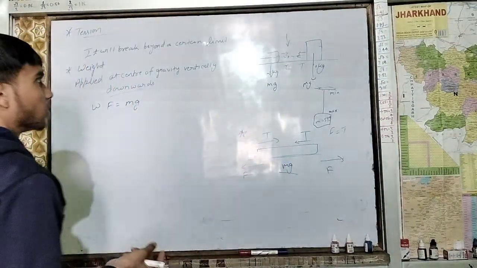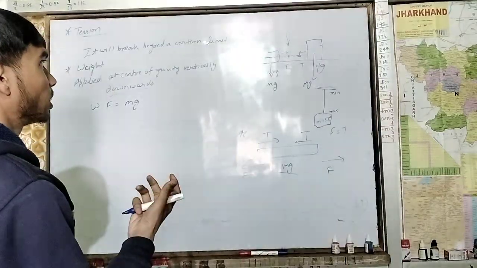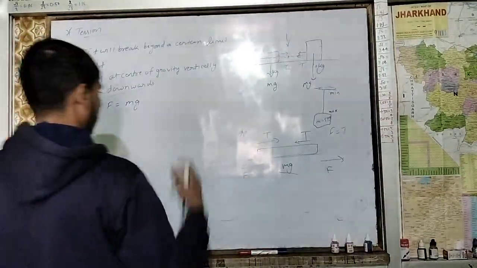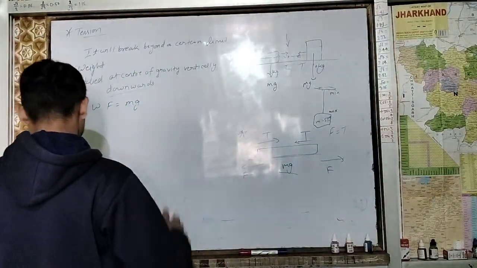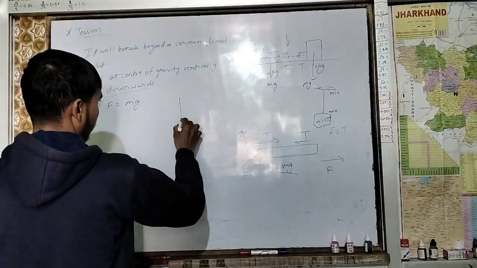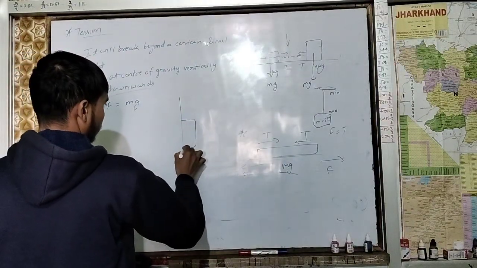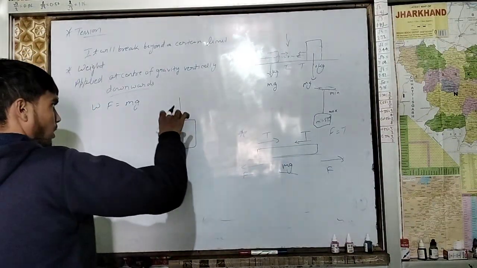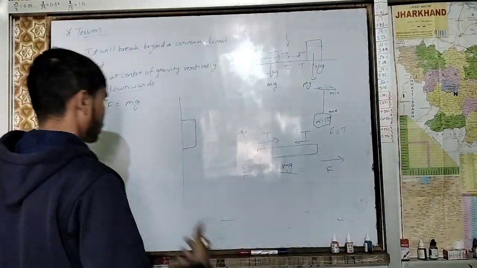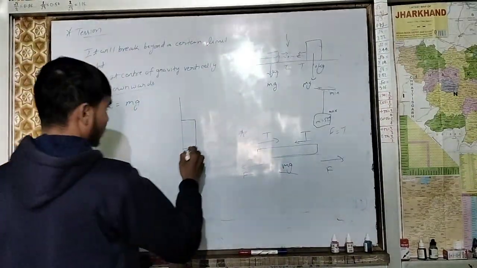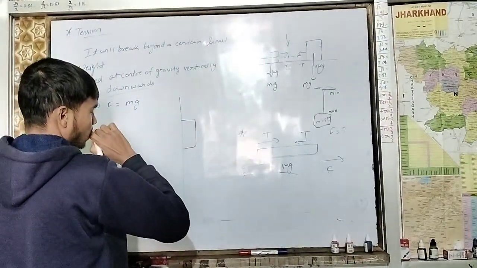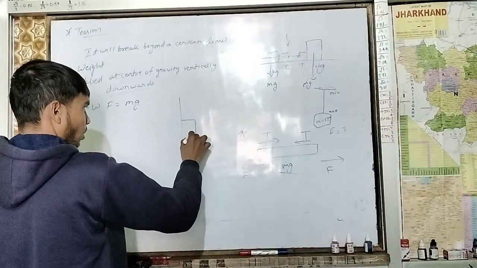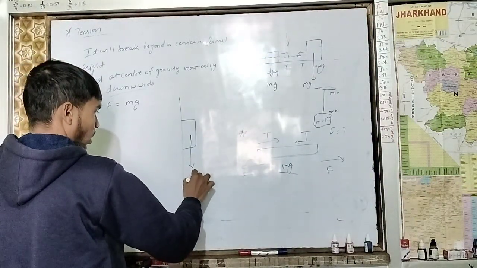Now let's take a slightly different example. Next, this is a ball, an object at rest. In that case, the weight force will be mg, downward.